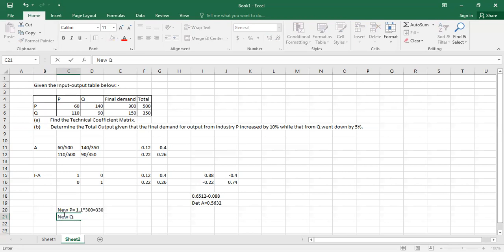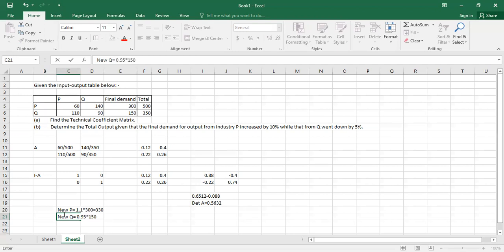Then what will be my new Q? It's now reducing. So it is 0.95 multiplied by my Q, which is 150.